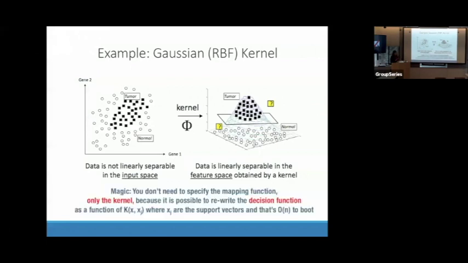Because, and this is the beauty of the mathematics that I got lost in the last few days, it's possible to rewrite the decision function, the function that tells you, give me the coordinates and I will tell you whether the object belongs to one class or the other, not as an explicit function of this phi that tells me how I'm going to the higher dimensional space, but of the kernels themselves.